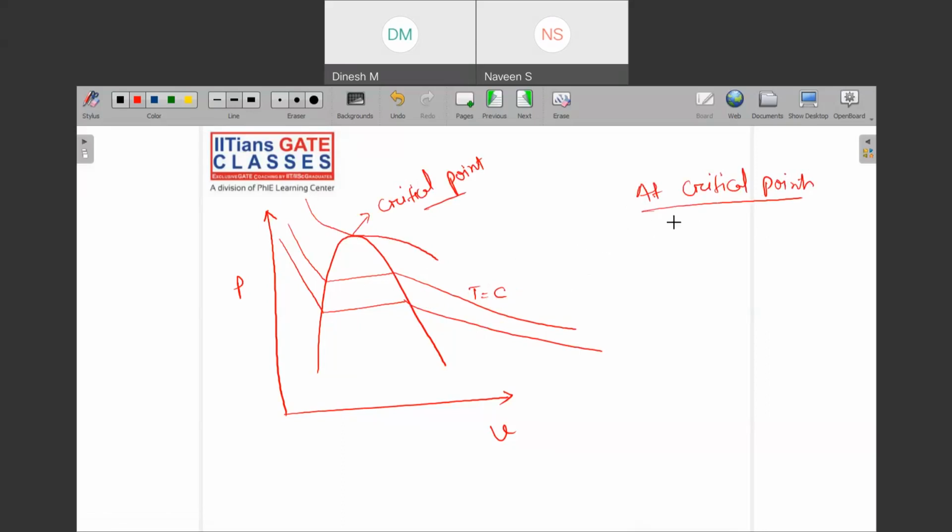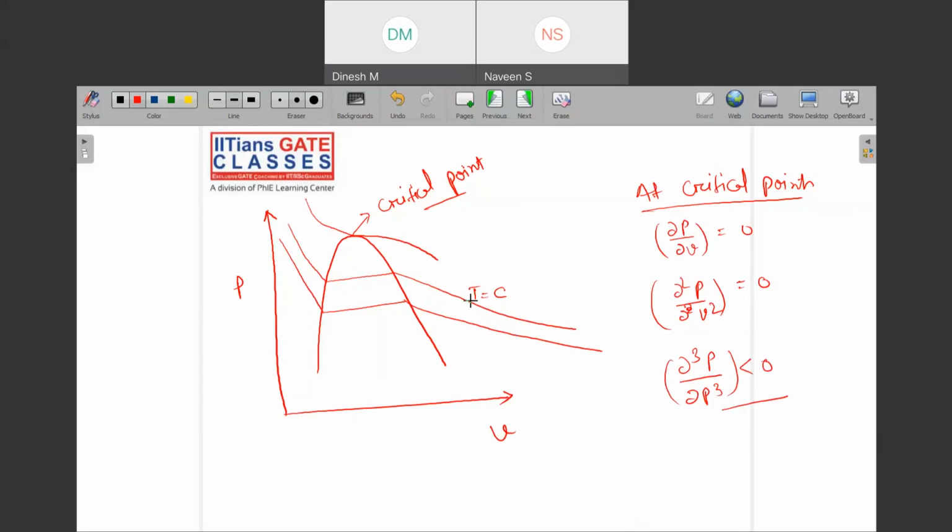We have seen at the critical point, dP by dV is equal to 0. And what about del square P upon del V square? This is also equal to 0, but this is a single derivative, this is a double derivative, and the triple derivative would be less than 0 at the critical point.